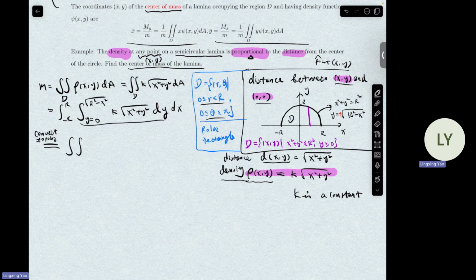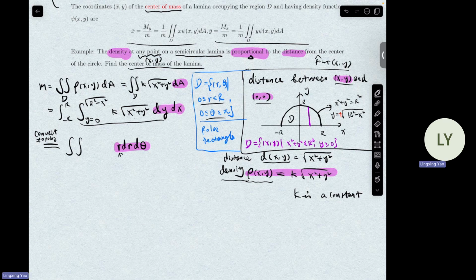So how about we integrate with respect to r in the interior, and theta for the exterior. Here we are converting dx dy, or dA, into dr d theta. But remember, in the conversion from dA to r dr d theta, we have to include this extra r. This r has to be included.